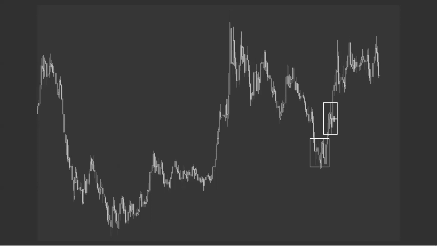And bear in mind that although I'm demonstrating this on the monthly here, just to emphasize the importance of taking a top-down approach, price is fractal, and so these relationships play out in all time frames. Normally I won't be looking at a monthly chart, but the same dynamics are going to play out on the daily, on the hourly, even on the M5.